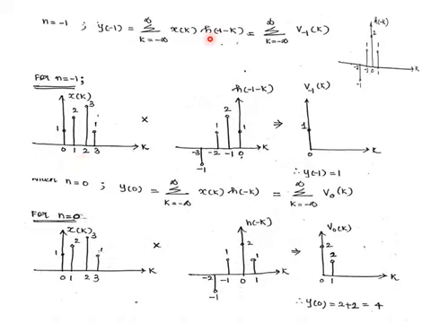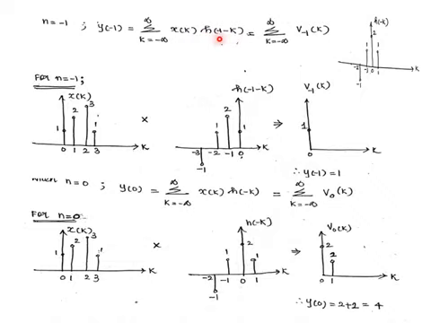Next thing is we have to find what is h of minus 1 minus k. We have folded h of k to get h of minus k. Now this represents the folded version of h of k, which is h of minus k. To find the value of y of minus 1, we require h of minus 1 minus k.